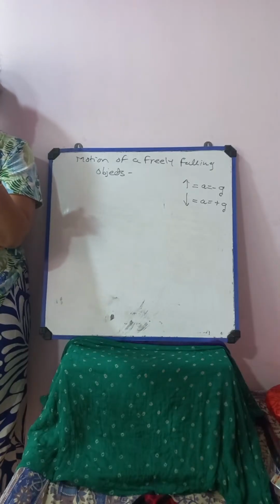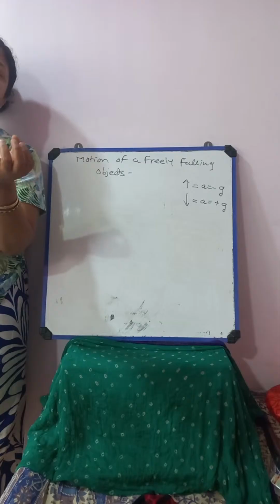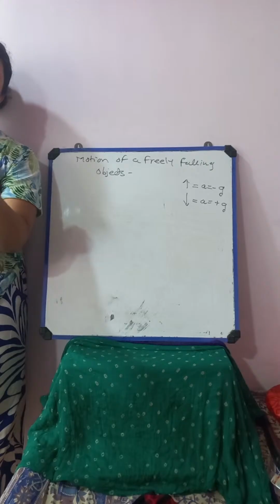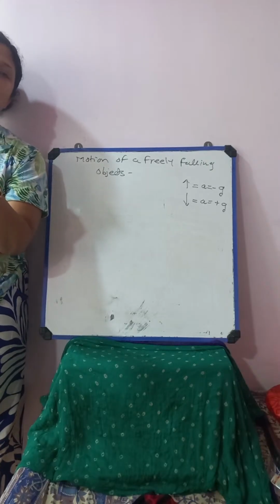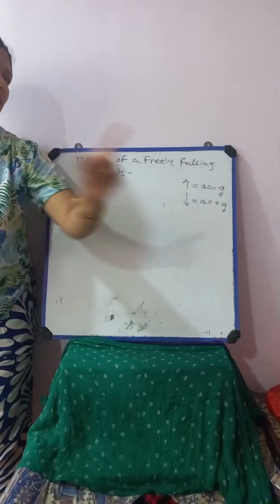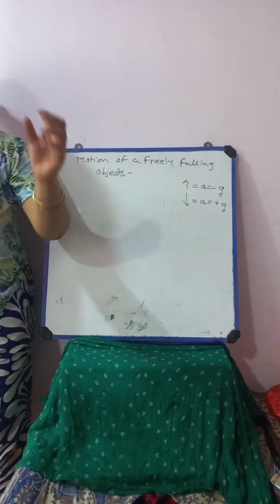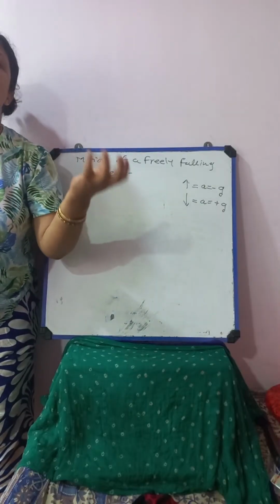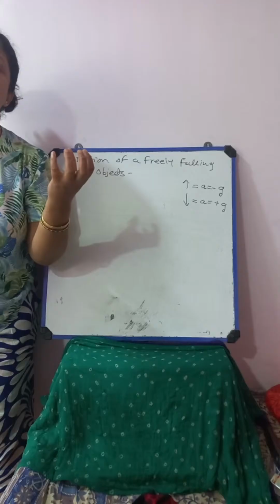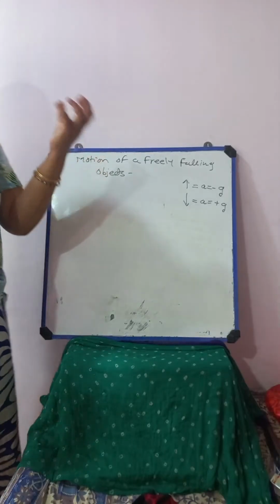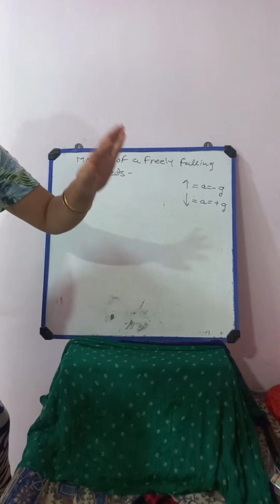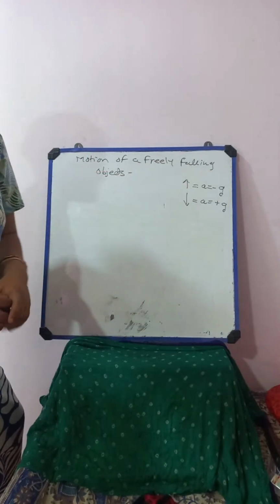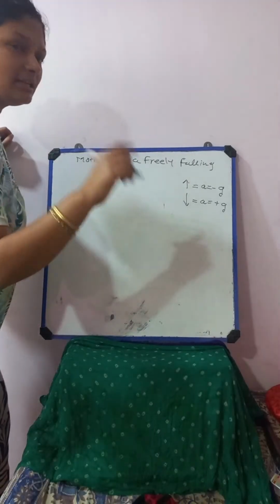So any object, if we are throwing opposite to the direction of gravity, in that case its acceleration is negative. And that acceleration we are taking as the acceleration due to gravity, that is g. Normal straight line acceleration is a. But if the object is freely falling, then instead of that normal acceleration, we are replacing the value of acceleration by g. g is nothing but acceleration due to gravity.